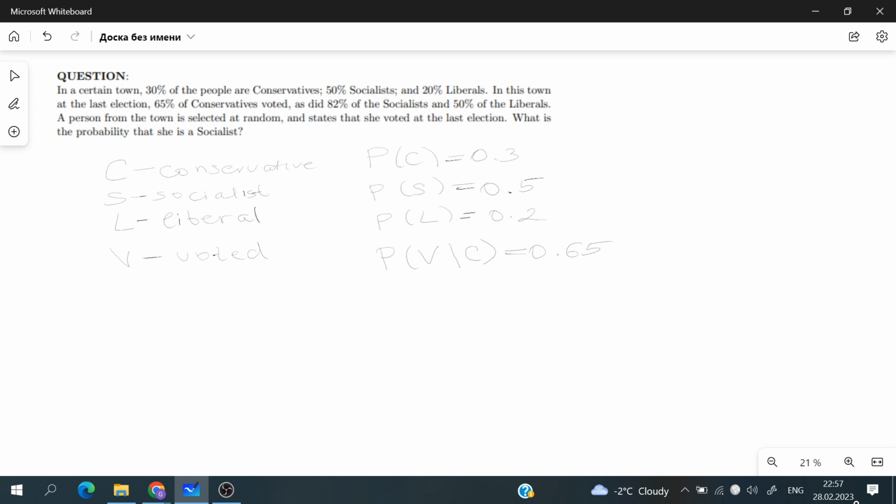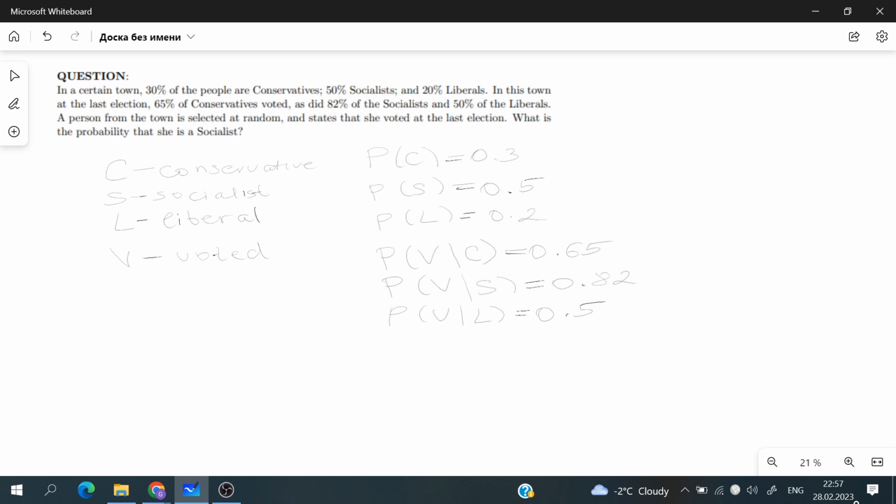Alright? In the same manner, the person voted 82%, so given that S equals 0.82, and probability that person voted given that she's liberal equals 0.5.